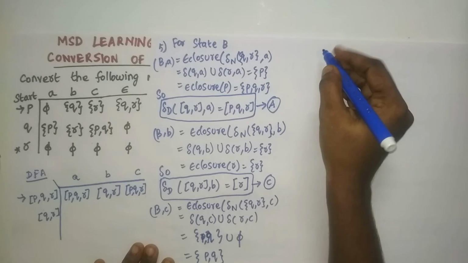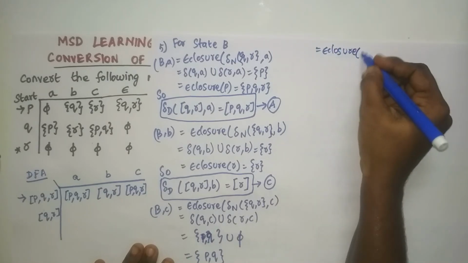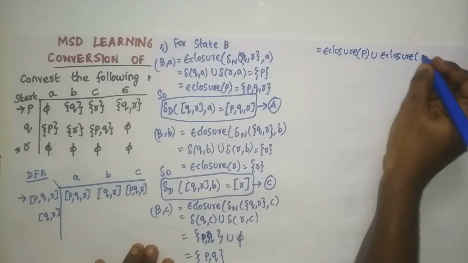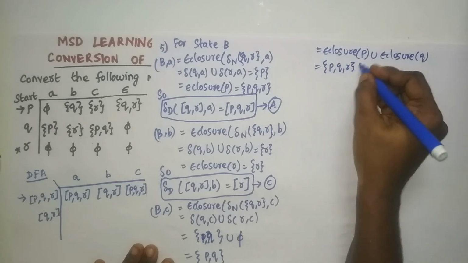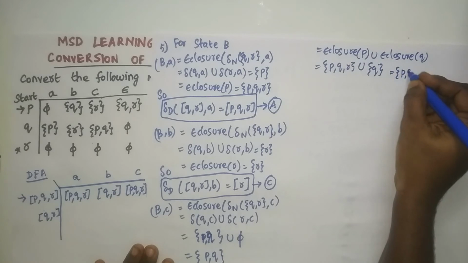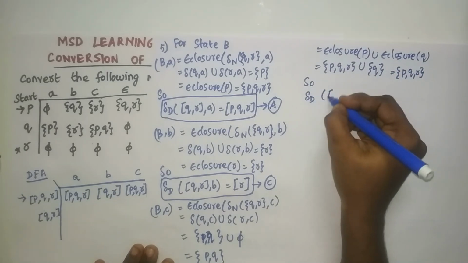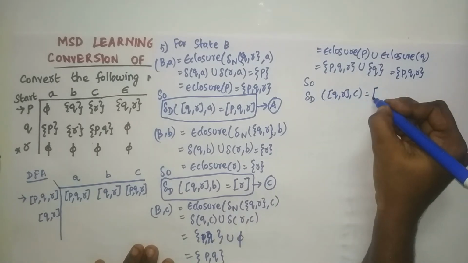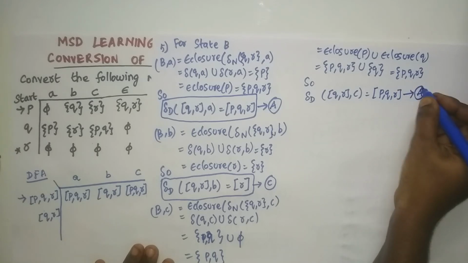Again, we need to find the epsilon closure of P union epsilon closure of Q, which is nothing but {P, Q, R} union Q. So you will have {P, Q, R}. So δD of {Q, R} on c will be equal to the state {P, Q, R}, which is similar to that of the state A.